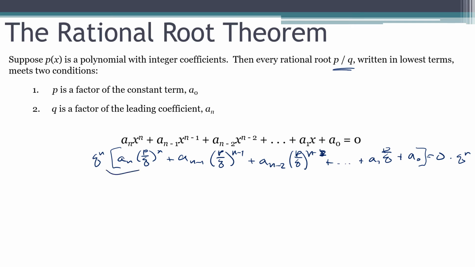When I distribute to here, the q to the n's cancel, and all that's left is a sub n p to the n. And when I do it here, there's only a q to the n minus 1 here.